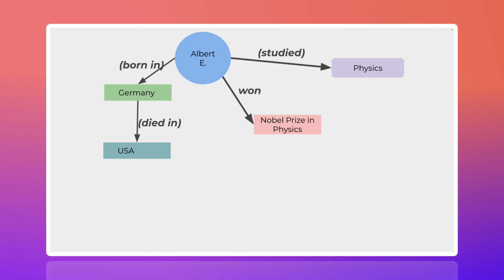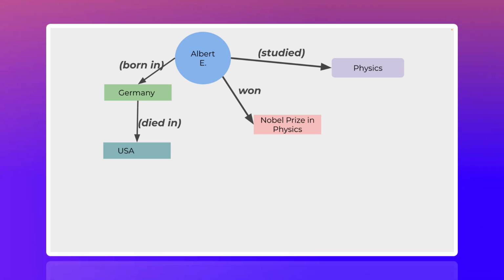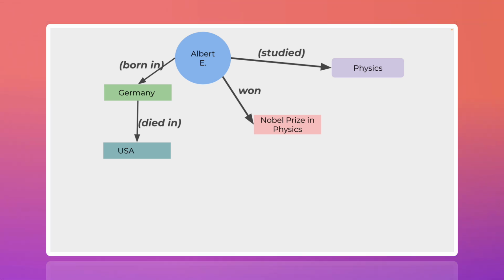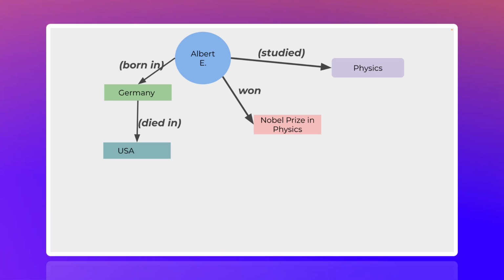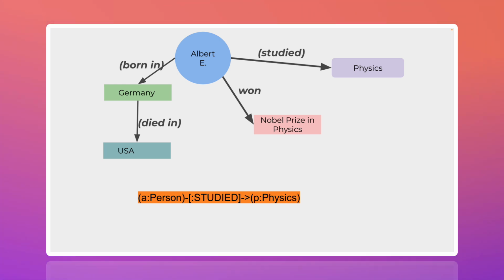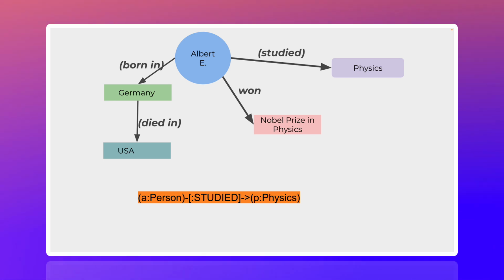Now, when it comes to representing this structure in code, or in this case in Cypher, which is the query language used with Neo4j, it's very simple. To represent, for instance, the relationship between Albert Einstein and Nobel Prize physics, we would create something like this.